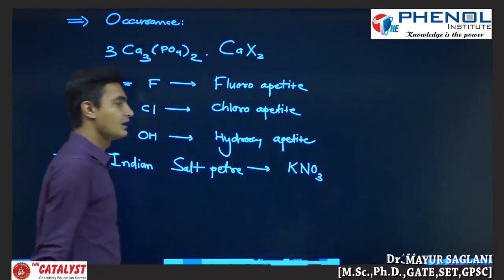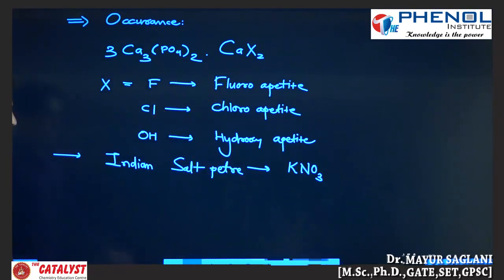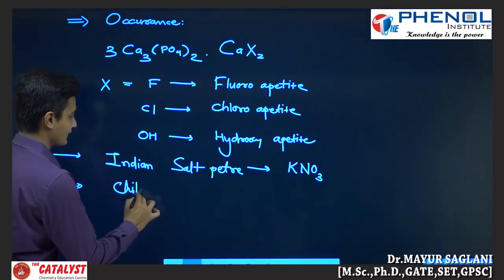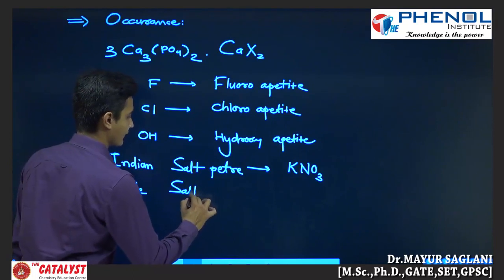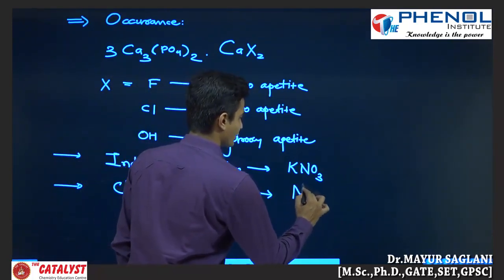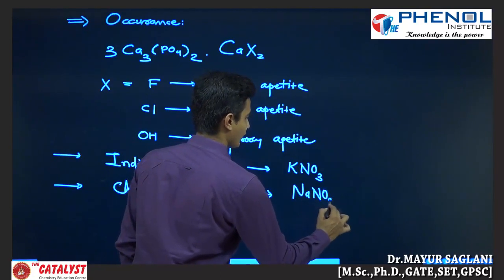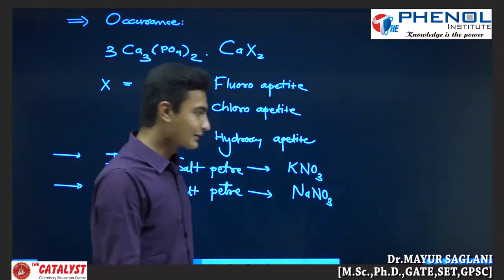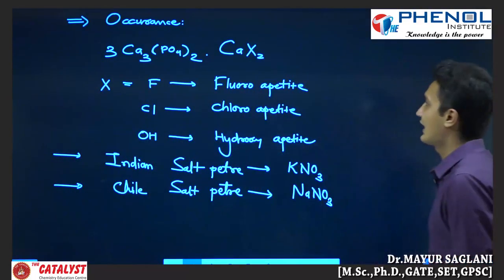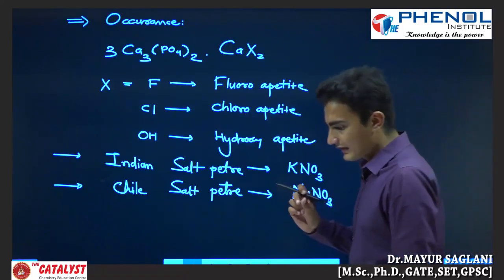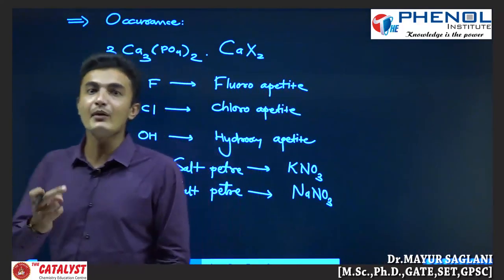This one is the source of nitrogen, you can say, and here we will write Chile saltpeter, that is for the nitrogen, and that is NaNO3. Are we clear? So this is the occurrence, or you can write the minerals for phosphorus and nitrogen, which have the maximum abundance.